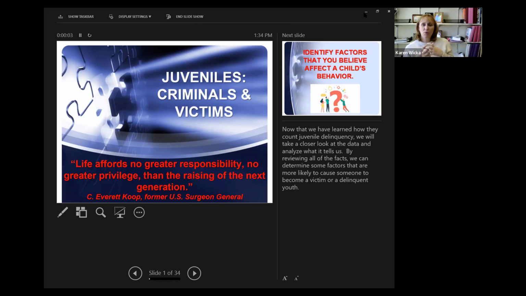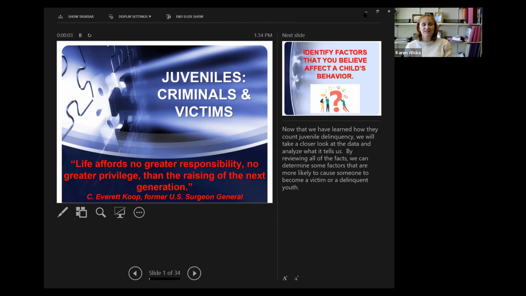Why do we care? Well, if we know certain factors are more likely to lead to delinquency, we want to reduce those factors. If we know there's more factors that protect against delinquency, we want to increase those factors in a juvenile's life. Okay, it'll probably make more sense when we start talking about the factors. So two things that we're going to talk about risk of today. First, we're going to talk about the risk of a juvenile becoming a victim of a crime.